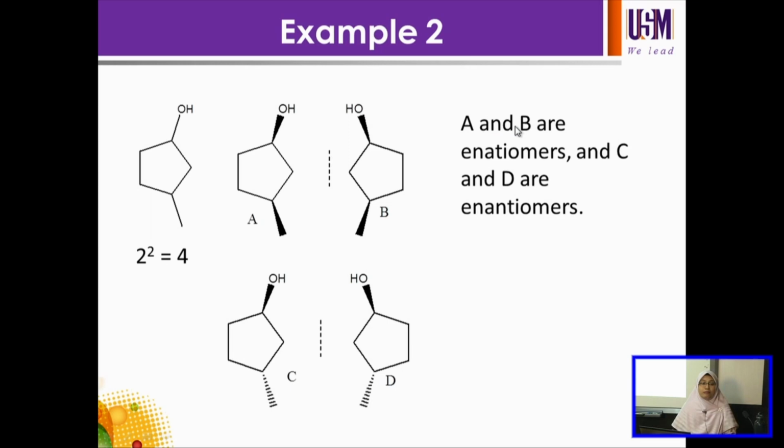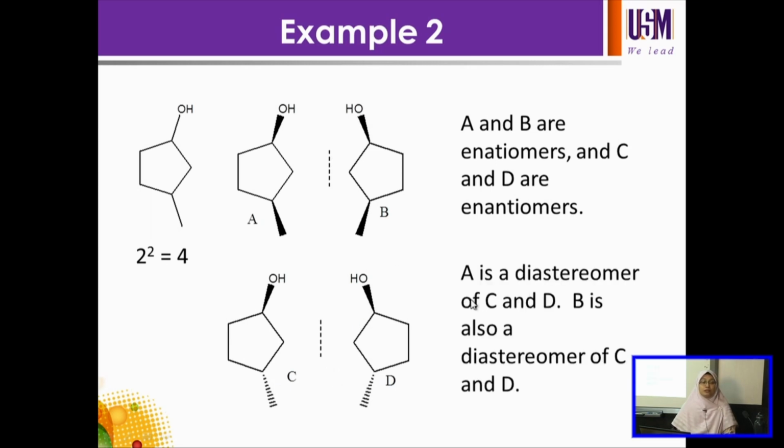So A and B are enantiomers and C and D are enantiomers to each other. But A is a diastereomer of C and D, so A is a pair of diastereomers to C and also D, while B is also a diastereomer to C and D. Here, we see that A and B are non-superimposable mirror images.